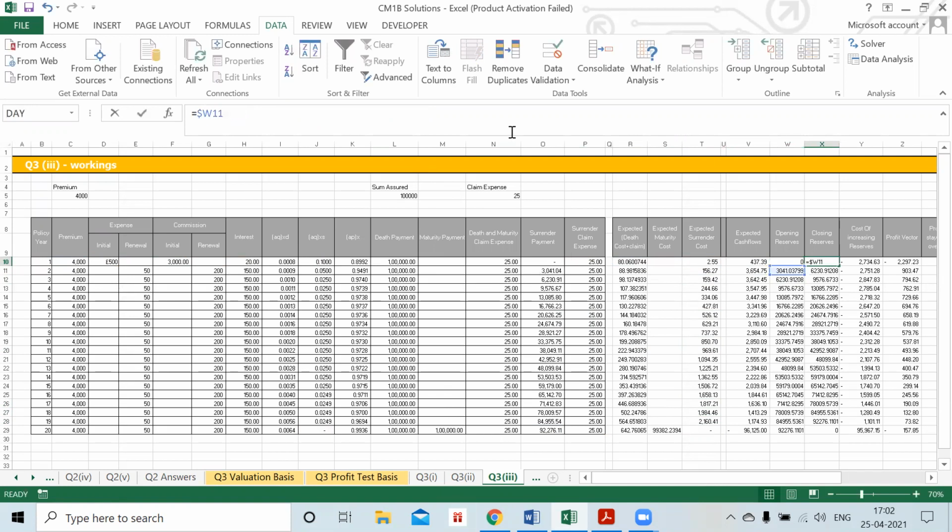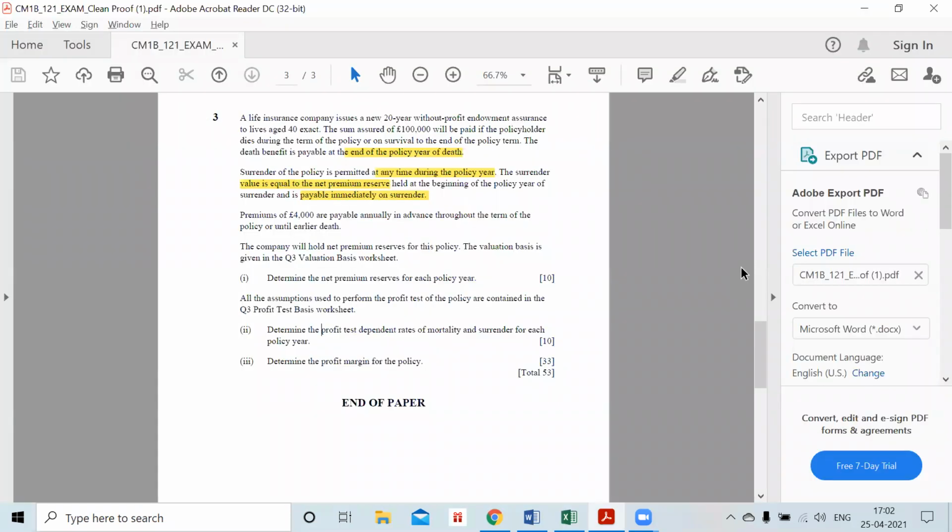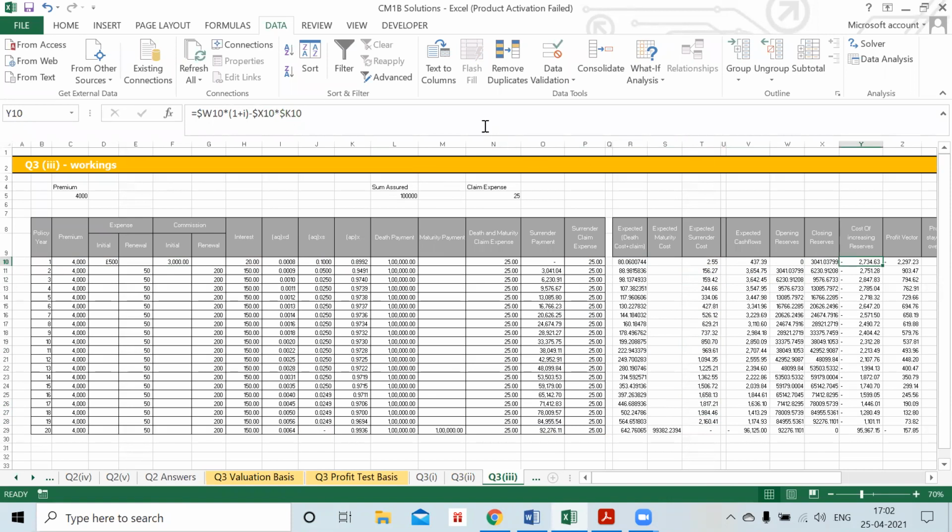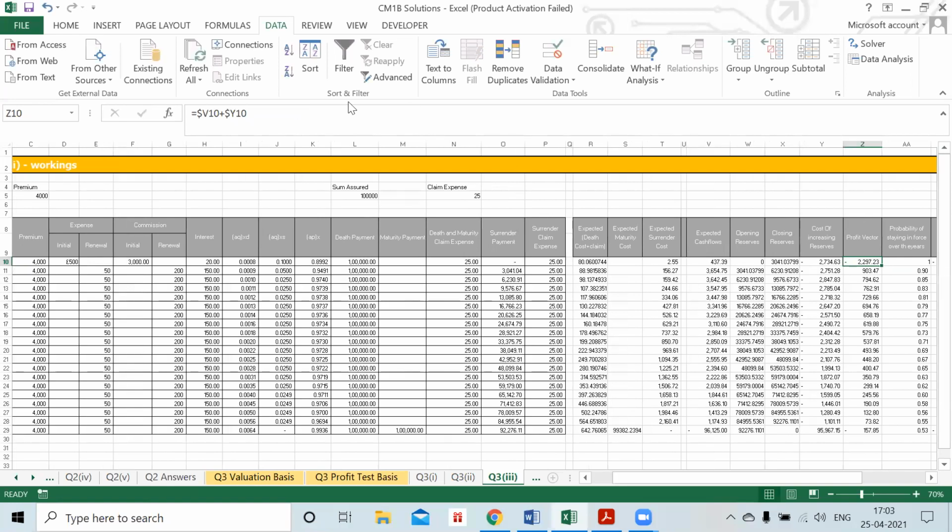Closing reserves is whatever we have. Now the cost of increasing reserves, CIR, is equal to closing reserves into 1 plus i minus opening reserves into APX. Okay, and profit vector is equal to expected cash flows plus the cost of increasing reserves.